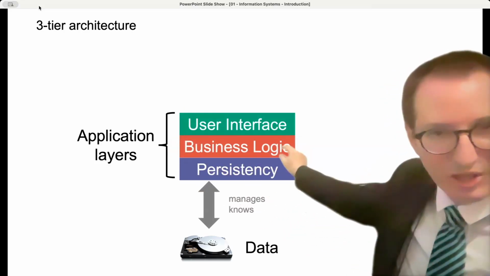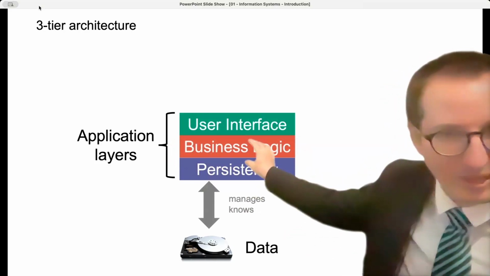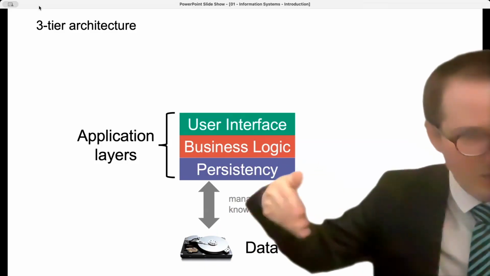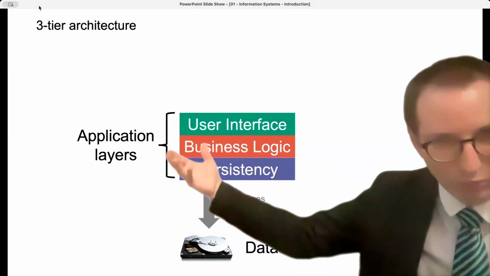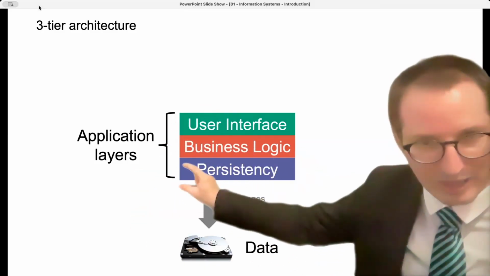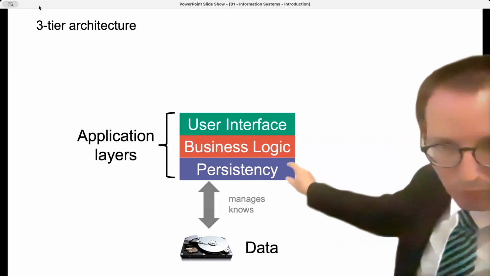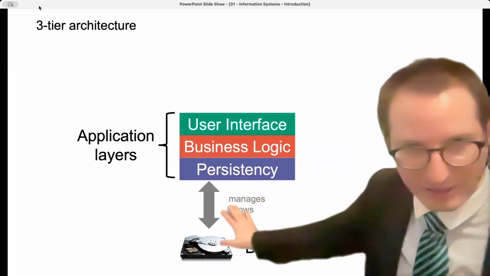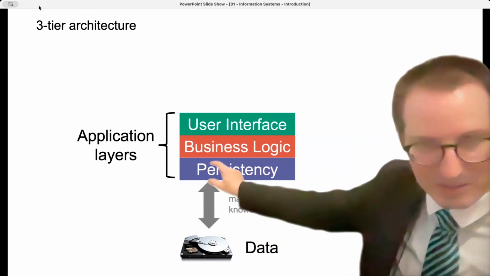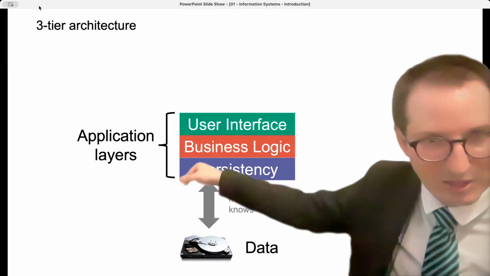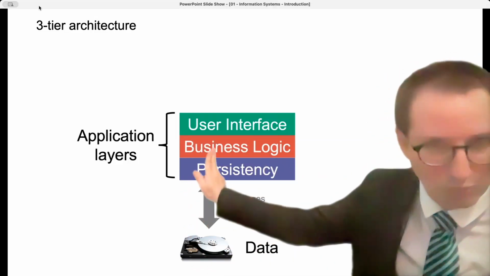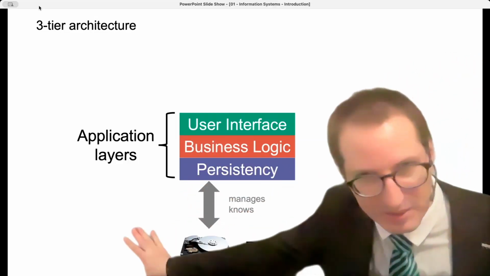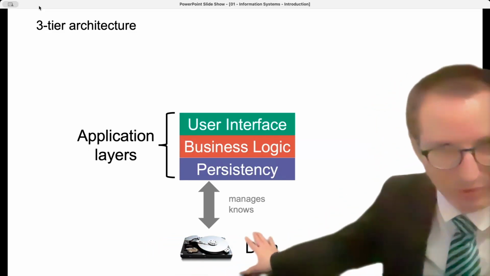Then you have the business logic. That is something intermediate. That's a lot of computer code that processes and tries to understand what you want to do, and then it connects to the database. And the real database, there's a persistency layer that deals with writing the data and reading the data, and the data is actually right here, on your drive.